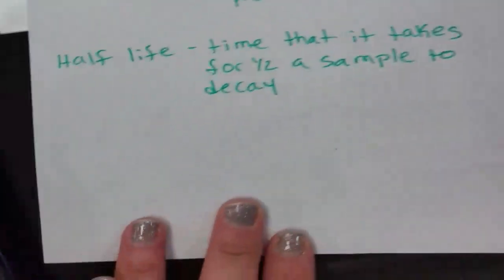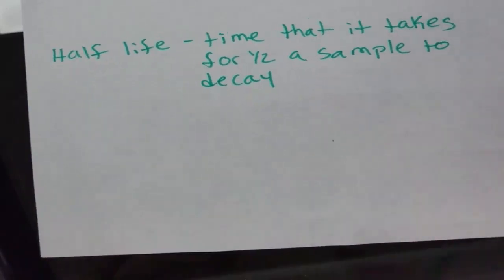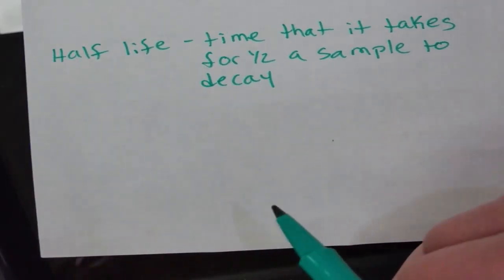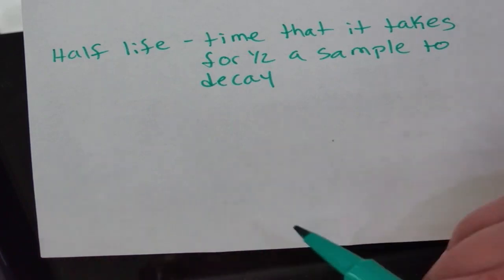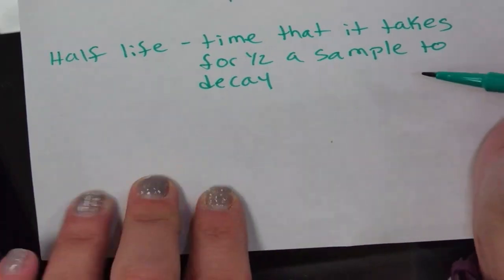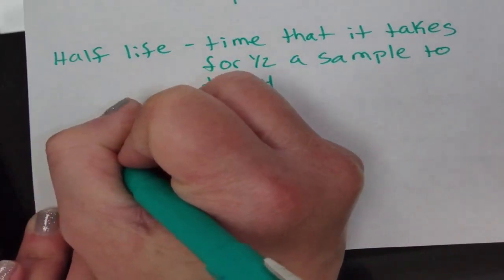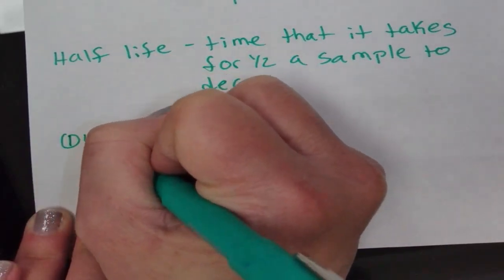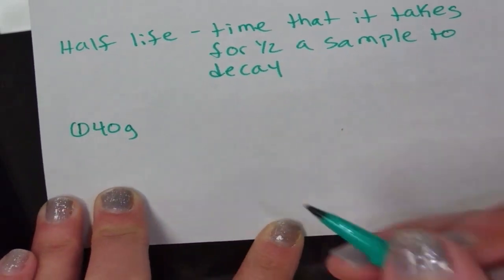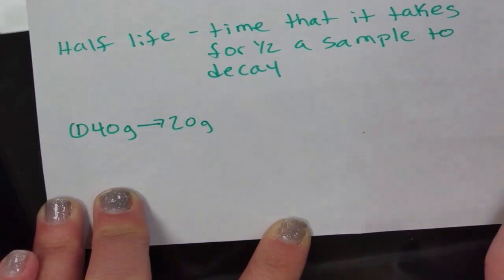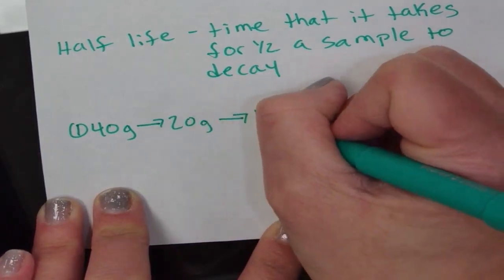So this is how I like to do half-life problems. You can use your fancy Math 3 half-life equation if you would like to. I don't personally do it that way. If I know that I start with 40 grams, half of 40 is 20. And half of 20 is 10.